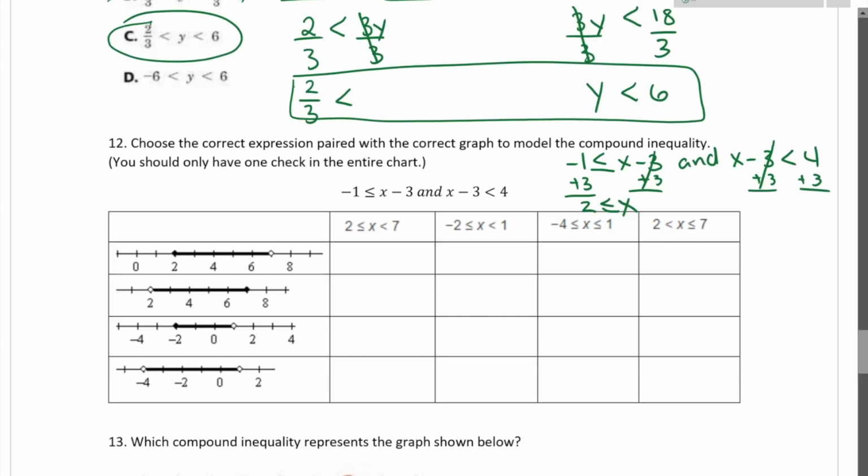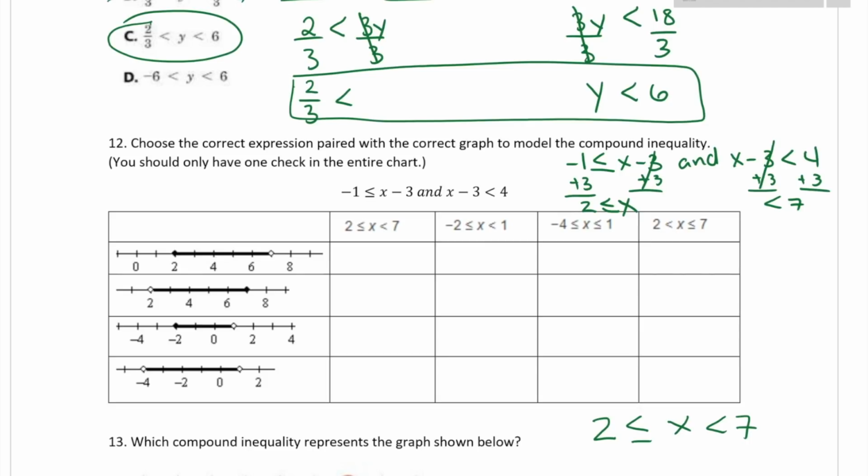X. And x is less than 7. So once again, I'll write this down here. 2 less than or equal to x. I'm going to erase one of my x's. Less than 7. So is there a problem like that?